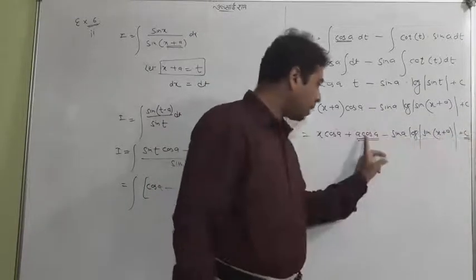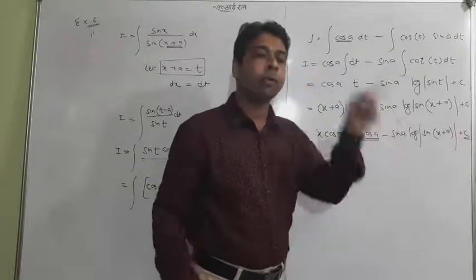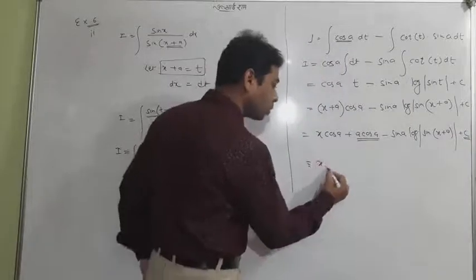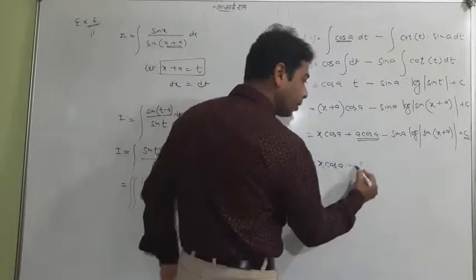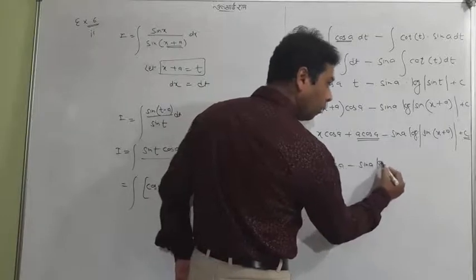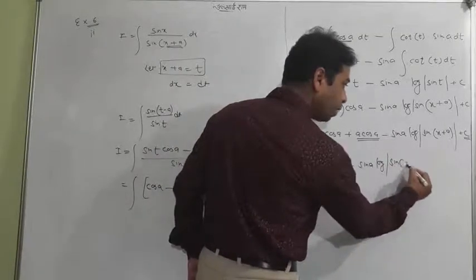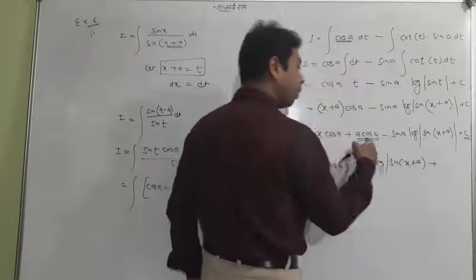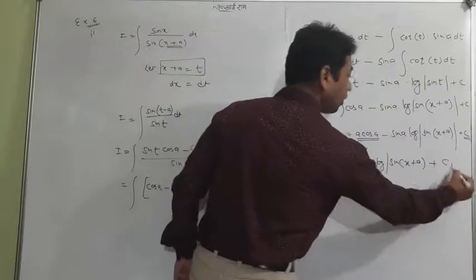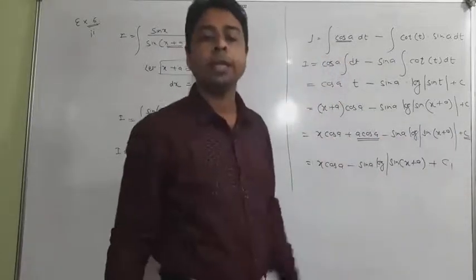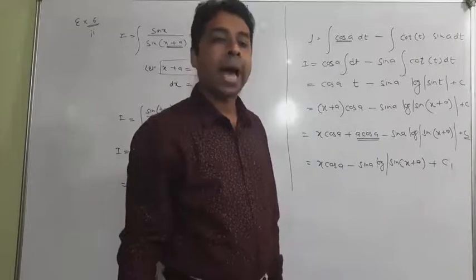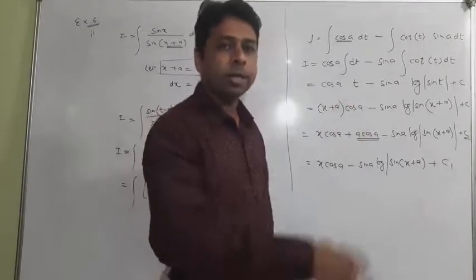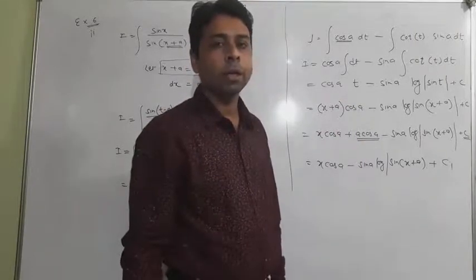So you can write all the constants as one constant: x cos a minus sin a log of sin of x plus a, and instead of a cos a plus c you can write a new constant c1, and that is a valid answer, which is actually the same as the answer given in the back of the book.